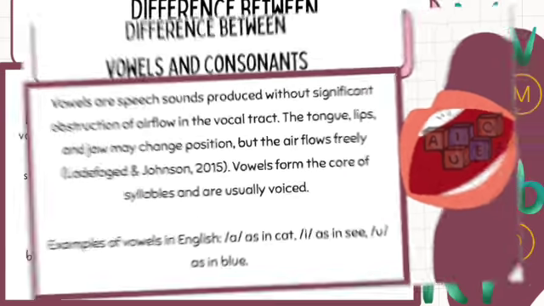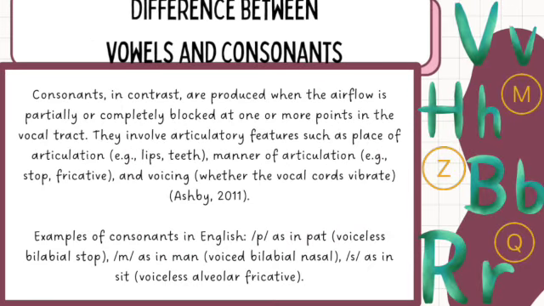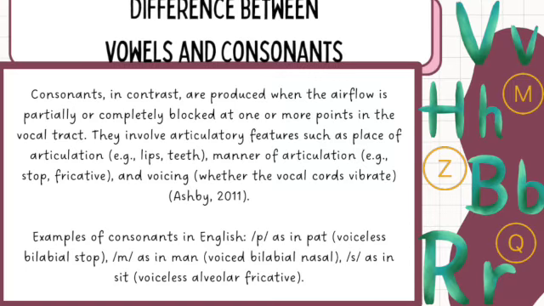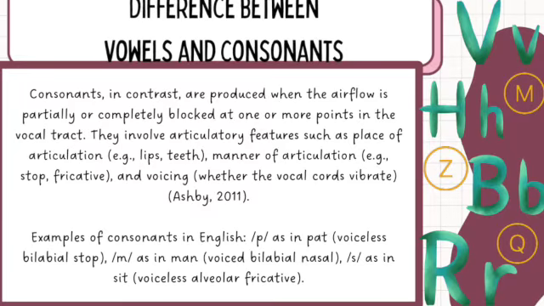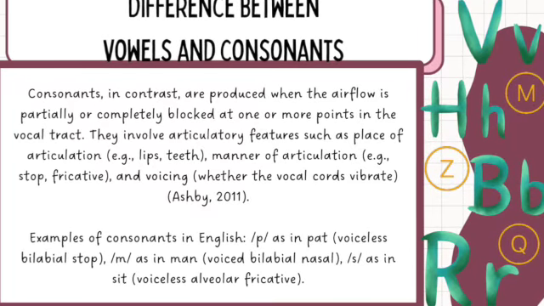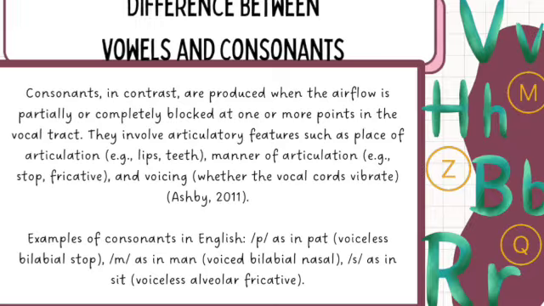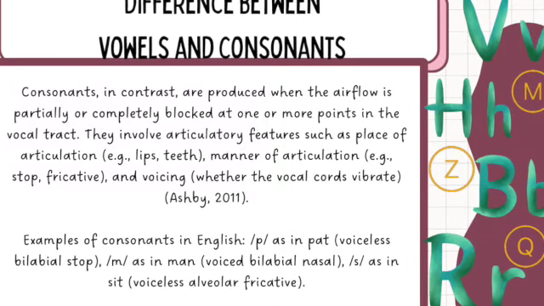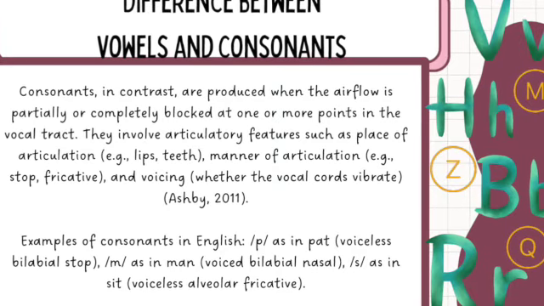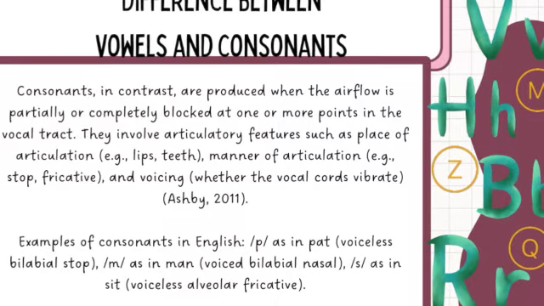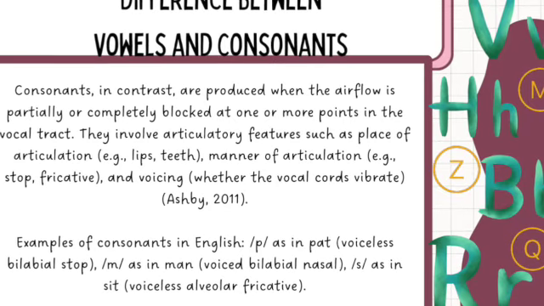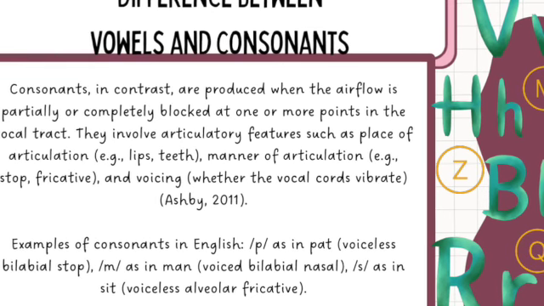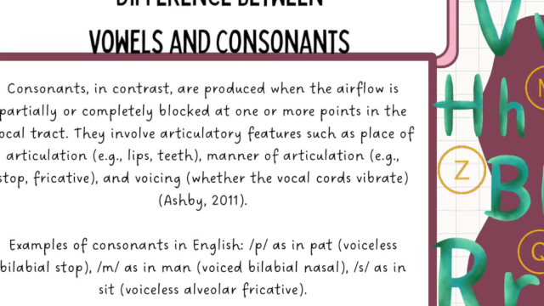Consonants, in contrast, are produced when the airflow is partly or completely blocked at one or more points in the vocal tract. They involve articulatory features such as place of articulation, for example, lips, tongue, and teeth; manner of articulation, for example, stop and fricative; and voicing, whether the vocal cords vibrate.